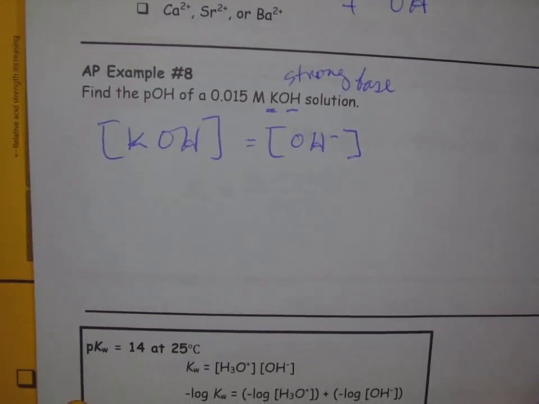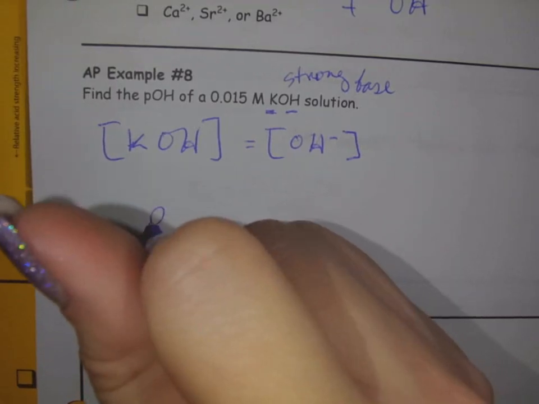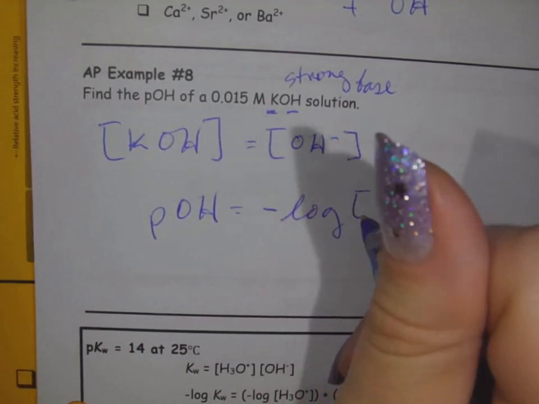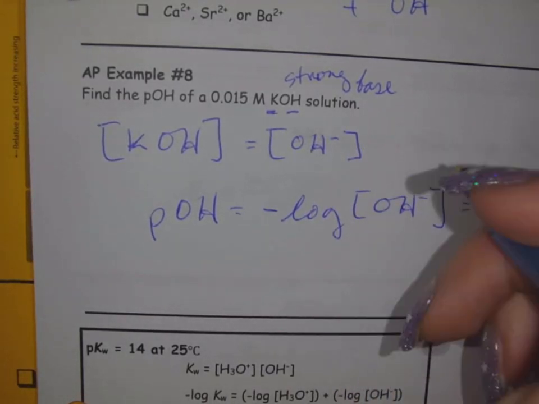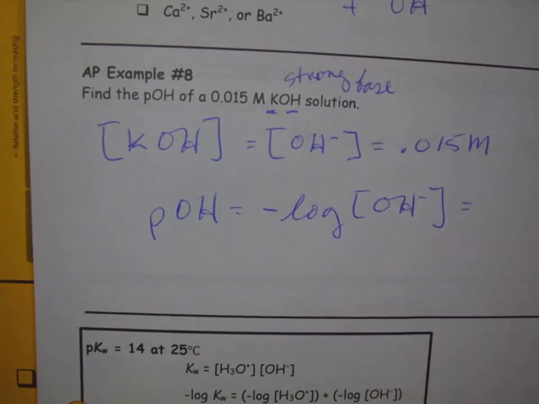So we have the concentration of hydroxide and we want pOH. Well, reminder, P just means negative log of this concentration of hydroxide. So we know that the concentration is 0.015 molarity.